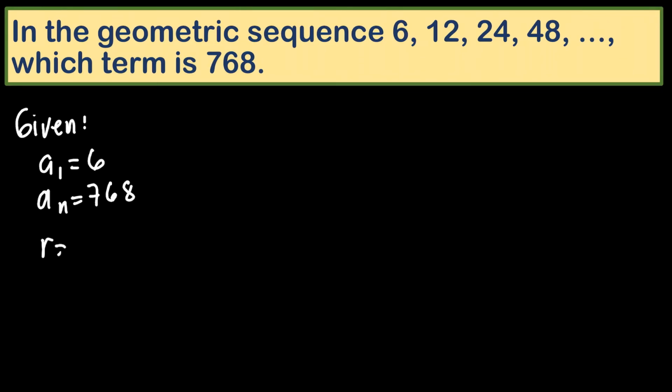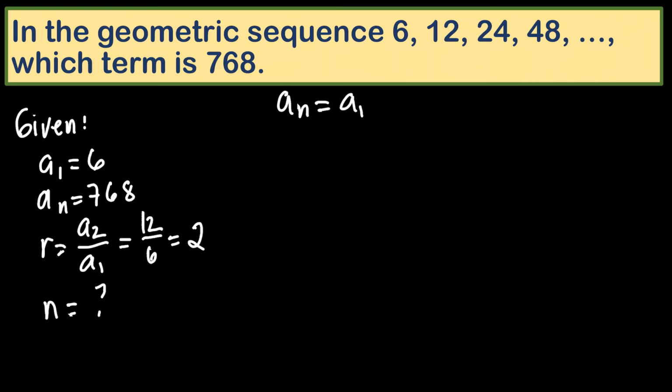And we are also given the ratio. The ratio is simply a sub 2 over a sub 1, which is 12 divided by 6, equal to 2. Now we are to solve for the value of n. To solve for n, we're going to use the formula a sub n equals a sub 1 times r raised to n minus 1.